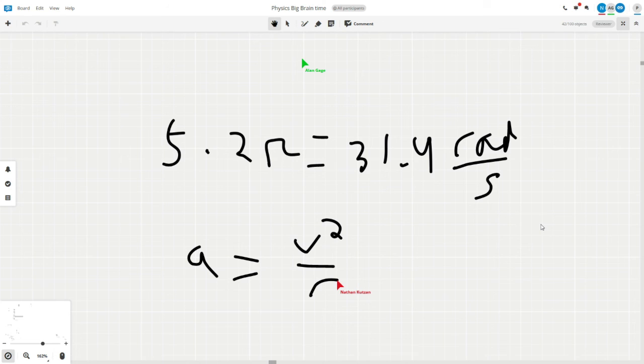And so if we had a linear velocity, what can we do to get the angular velocity? And remember from the very beginning, what do we do to linear velocity to get the angular velocity, or omega?